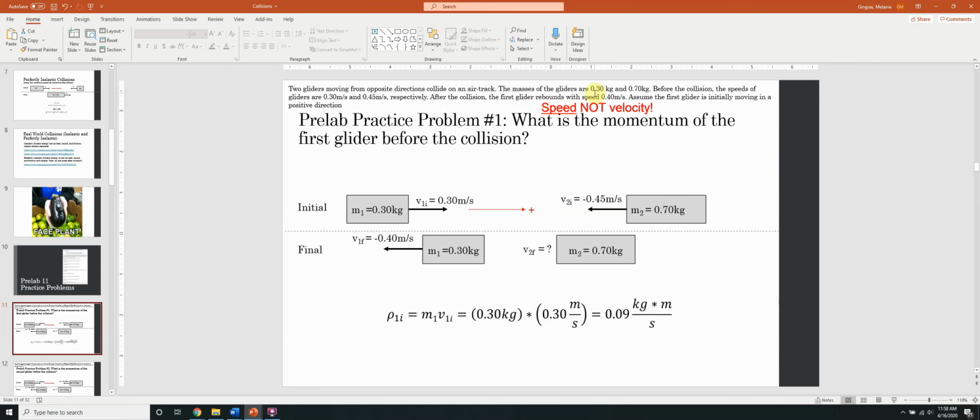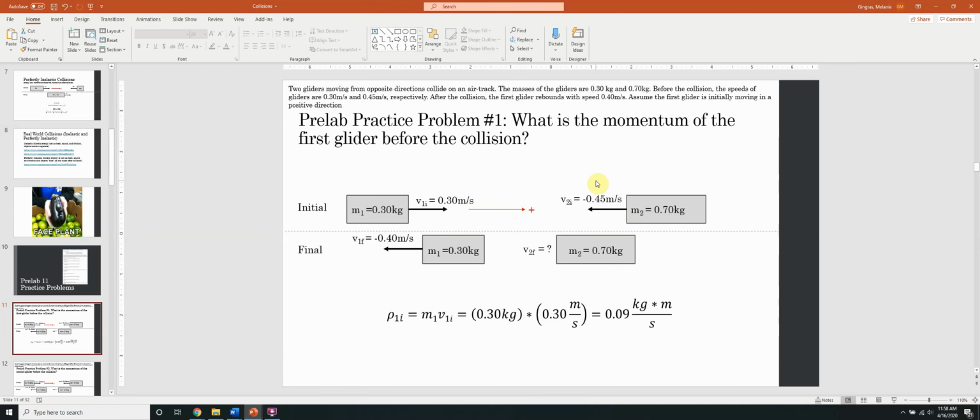After the collision, the first glider rebounds with a speed of 0.4 meters per second. So rebounds with a speed of negative 0.4 meters per second. Don't worry, I'm going to tell you why it's negative in the next sentence. We're going to assume that the first glider is initially moving in a positive direction. So there you go. We know that going to the right, as I've drawn my picture, that's going to be positive because our first glider is initially moving in a positive direction.